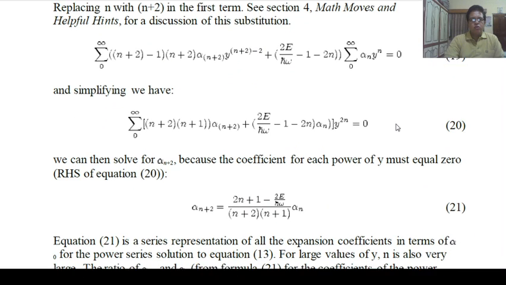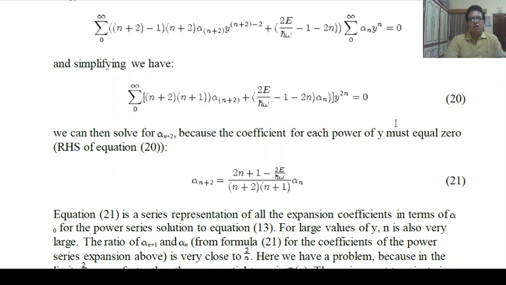We can then solve for alpha n plus 2 because the coefficient for each power of y must equal 0. For each coefficient, the power of y must equal 0, the right hand side of equation 20.